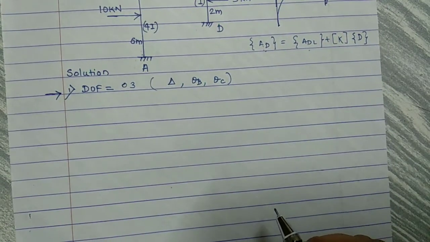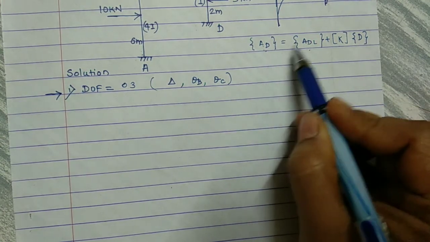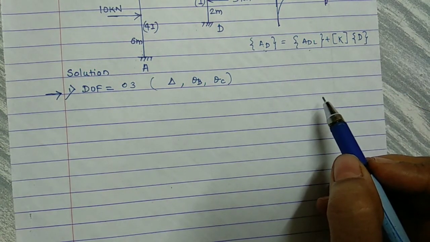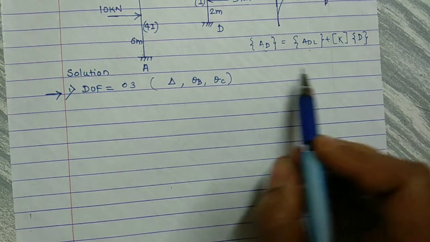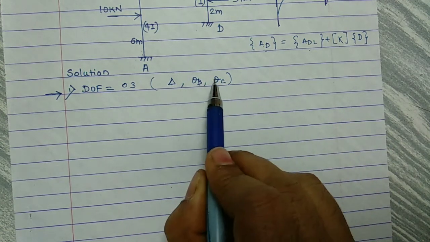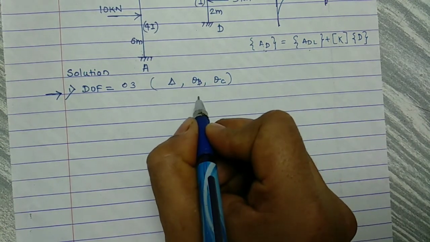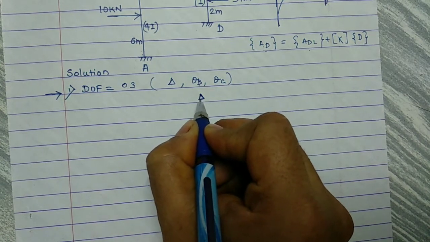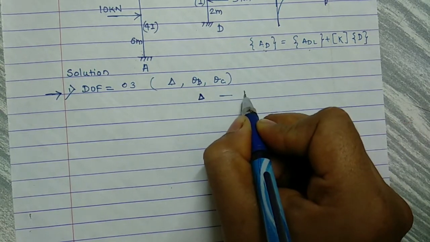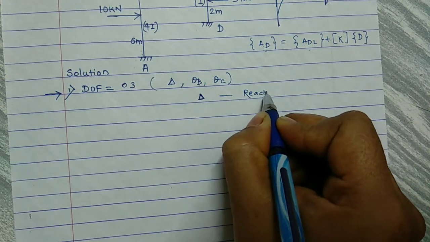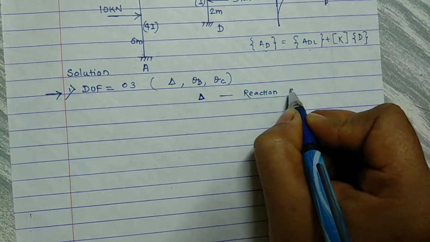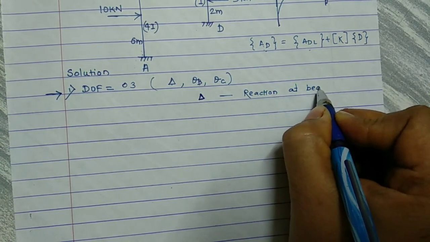Accordingly, the stiffness matrices or this equation contain actions corresponding to these unknown degrees of freedom. The very first degree of freedom is delta, so for that we need any reaction or external force given at beam level.